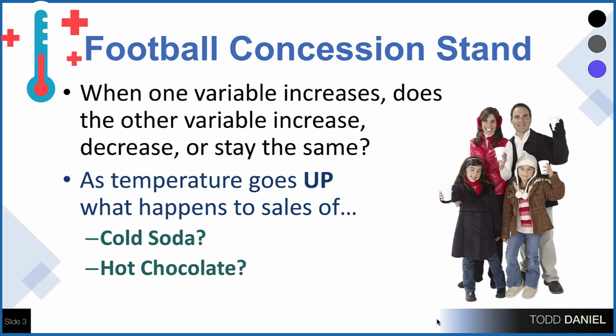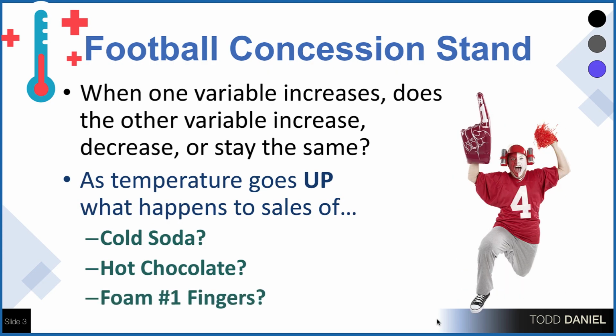A third example, as the temperature goes up, what happens to the sales of those foam number one fingers that we sell at the concession stand? Here, there's no relationship between temperature and sales. And so we should not see a change in the sales of these foam fingers based upon temperature. There's no relationship between these variables.